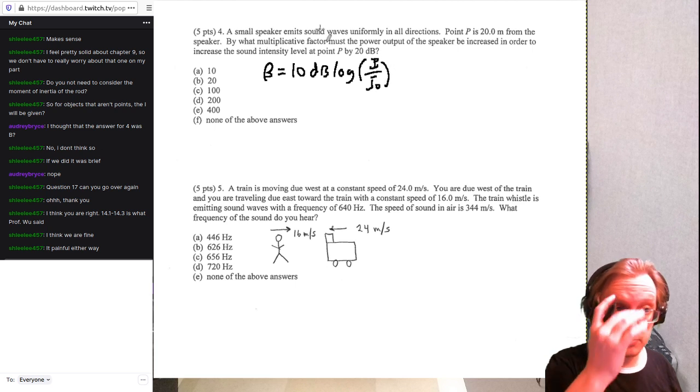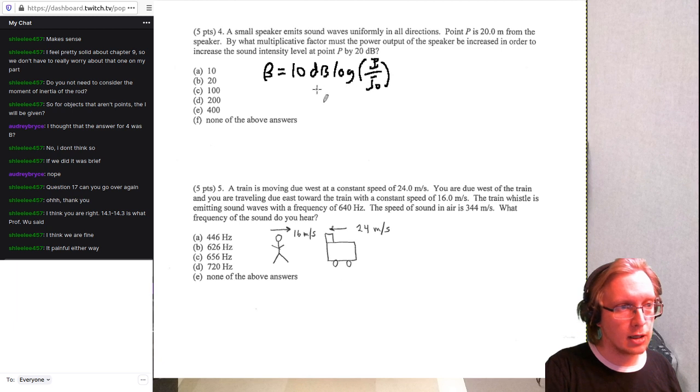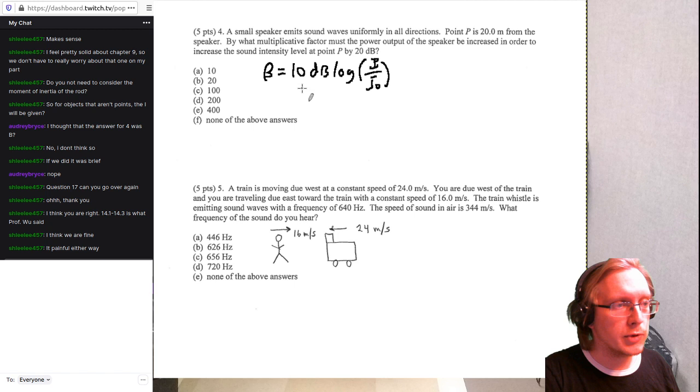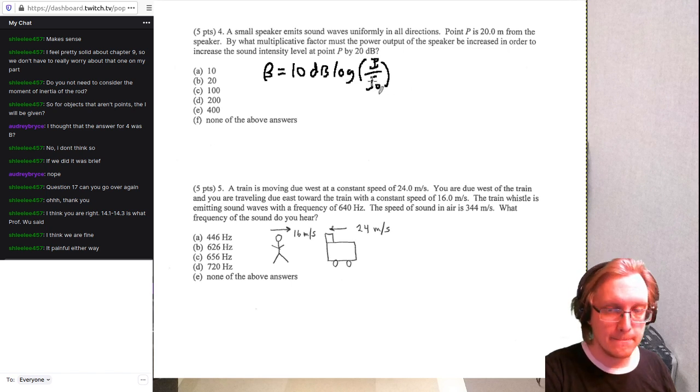We need to increase this. So in this particular case, we actually have a particular I in mind. We have an I, we have an I naught of wherever it is now. And we'd like this to be equal to 20 dB.